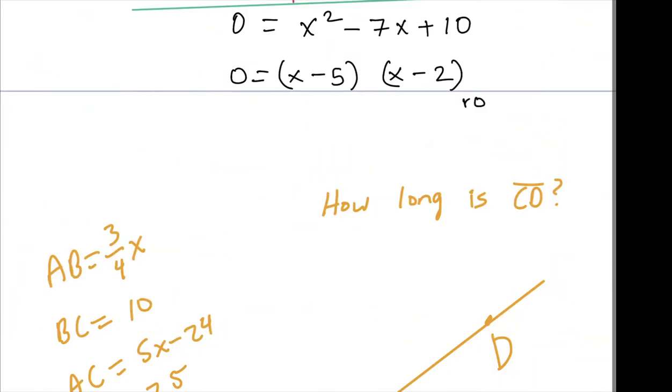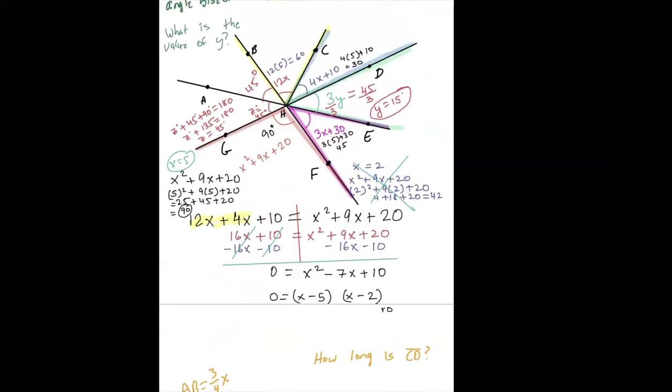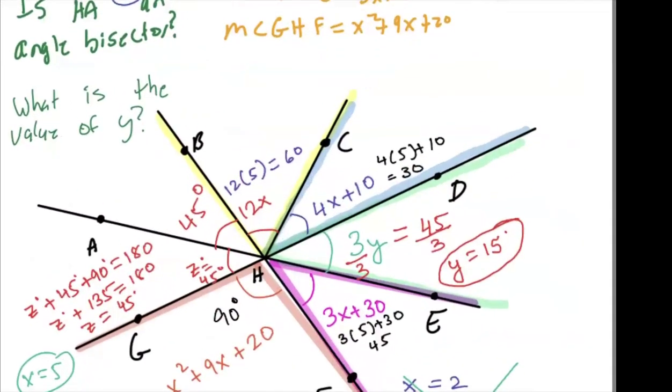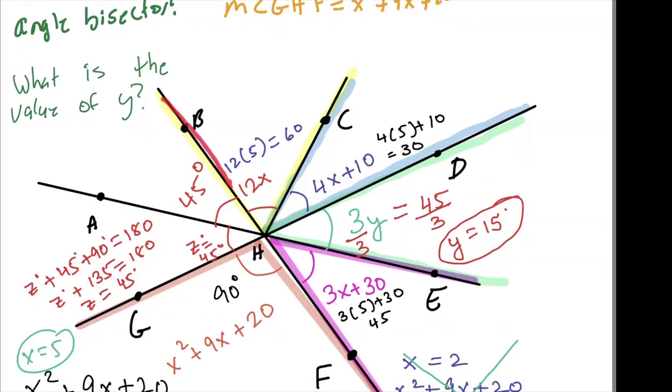How did we know that AH was the bisector? Because we found the measurement of each angle. I found earlier this was 45. How? Because of vertical angles, this was across.